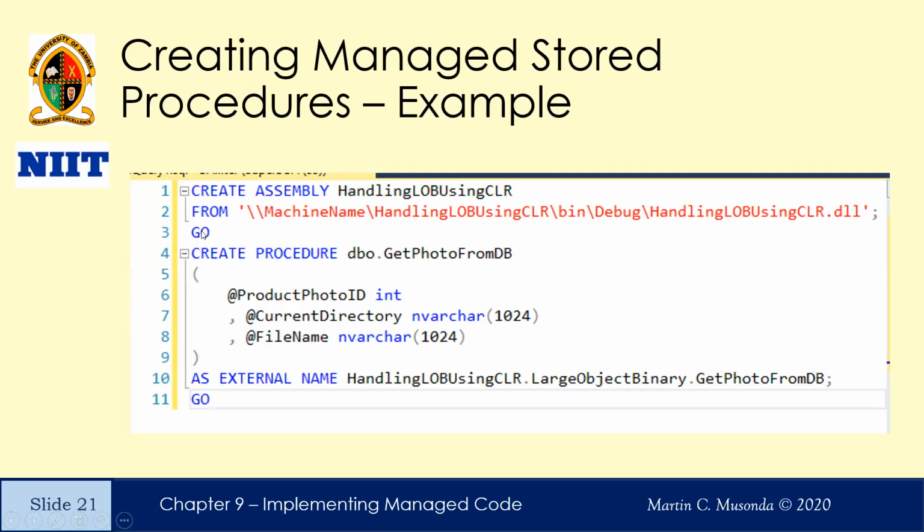Then the second batch is this one. Now you are creating an object. In this case, we are creating a stored procedure. In the next subsection, it's a user-defined function, as an external name, then the name that you are going to assign to it.